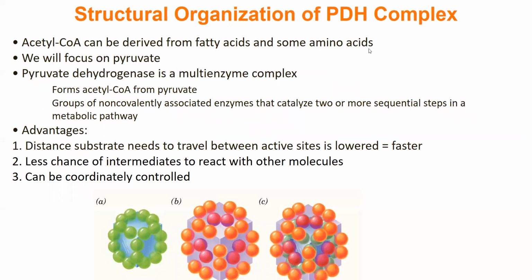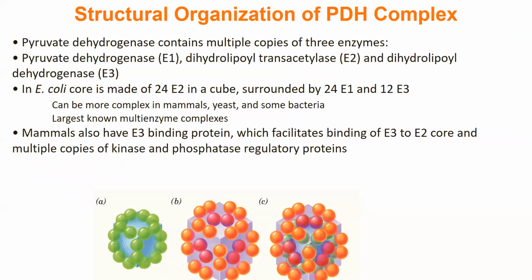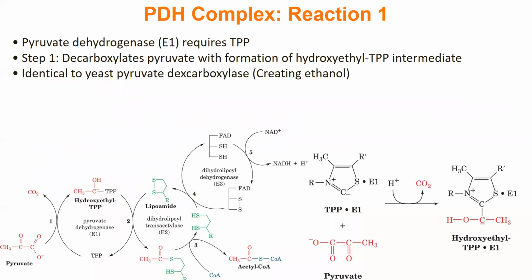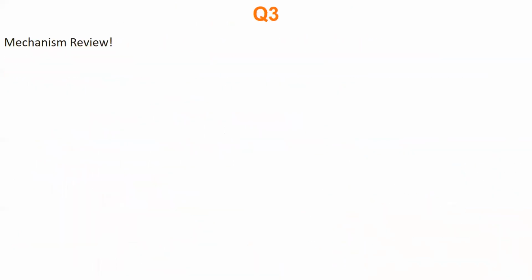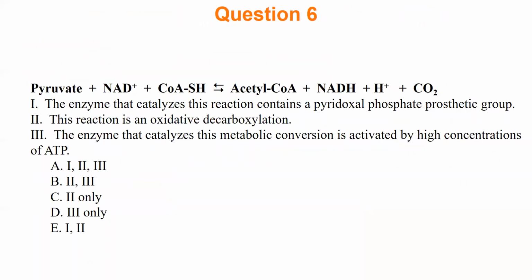Yeah, ATP doesn't actually turn on PDH itself. We'll talk about later today what actually does turn it off, but ATP itself doesn't activate PDH. So it's not that. So the answer is 2 only. Oxidative decarboxylation.